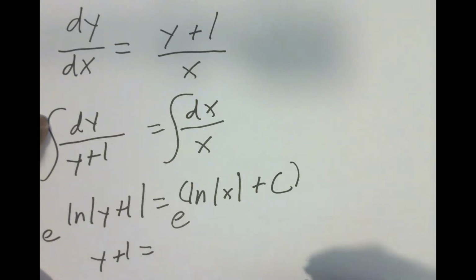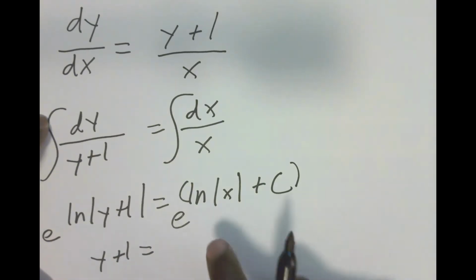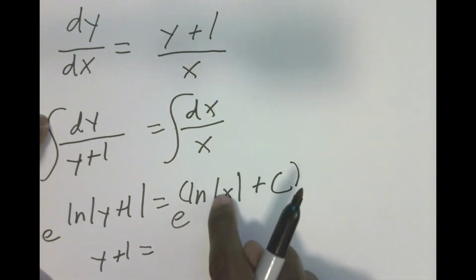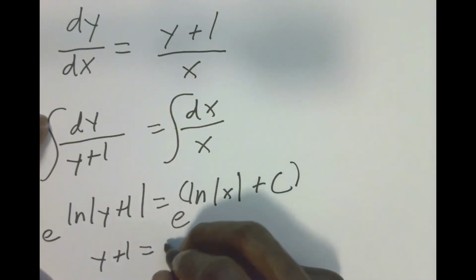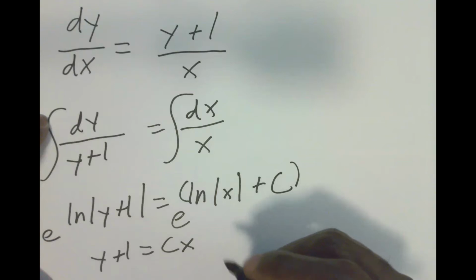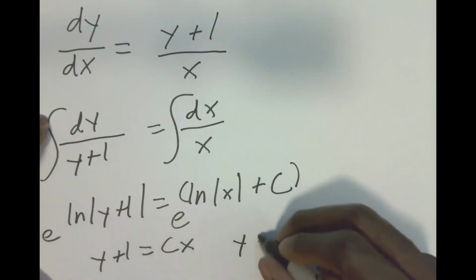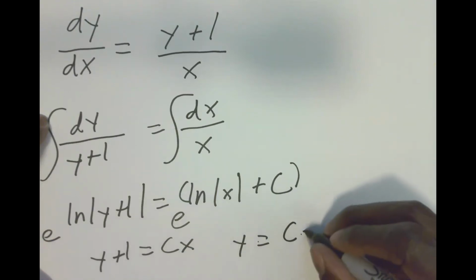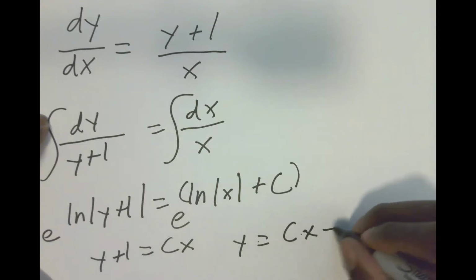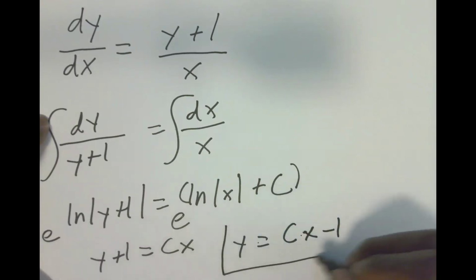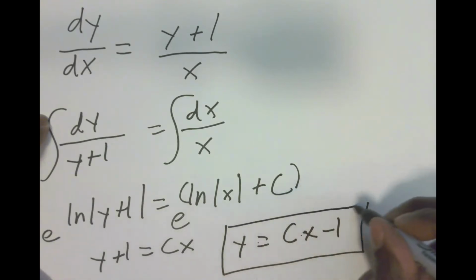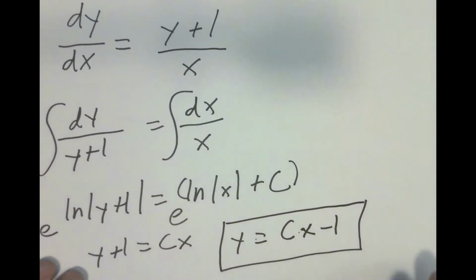But e to the power of c is just another constant. So that's just going to be c, again, times x. So that's cx. And then to solve for y would be cx minus 1. So that's actually the solution to that differential equation.